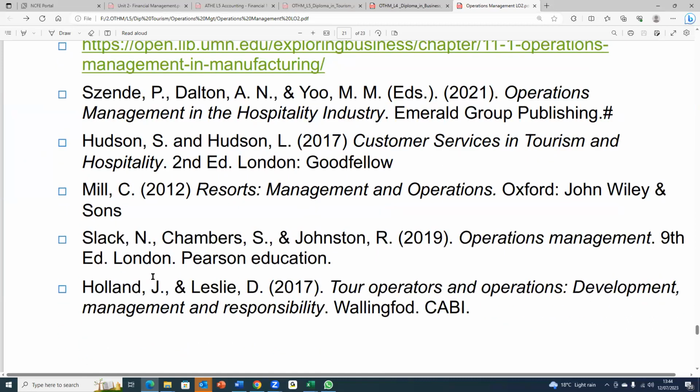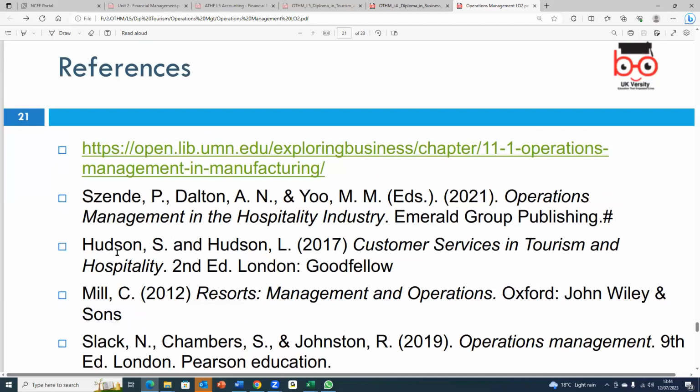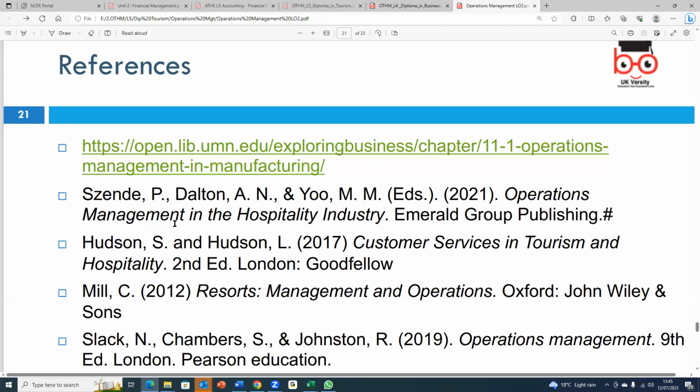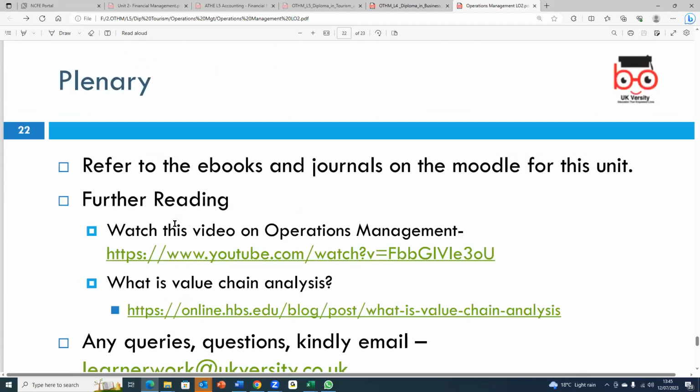These are all available on the Moodle system, or you can explore different sources on the internet, making sure you have access to ebooks and journals.